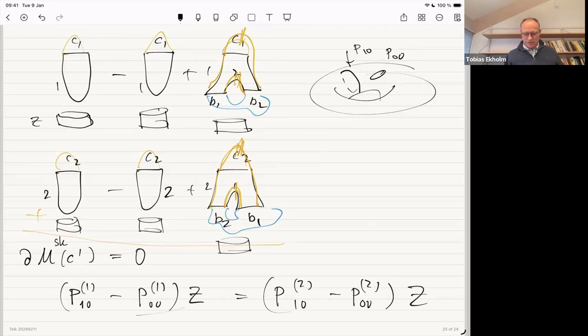Because these have to be equal, we get W lambda tensor W lambda on 1, 2 times something. It has to be on the diagonal because of this equation.